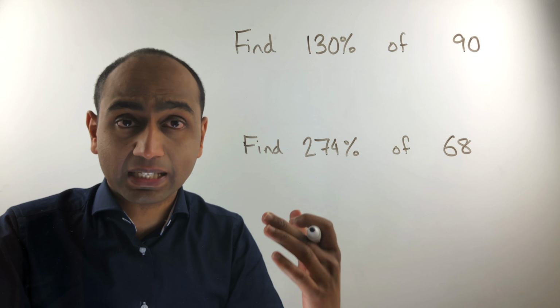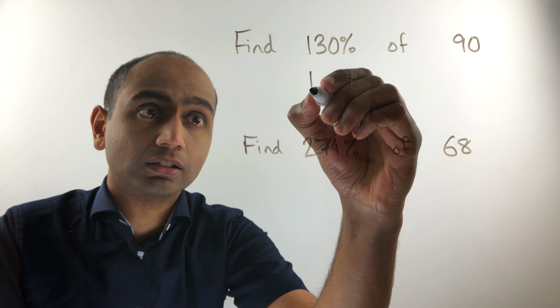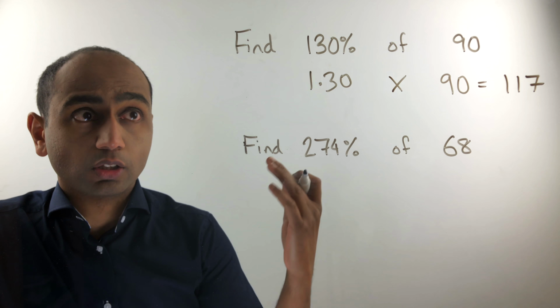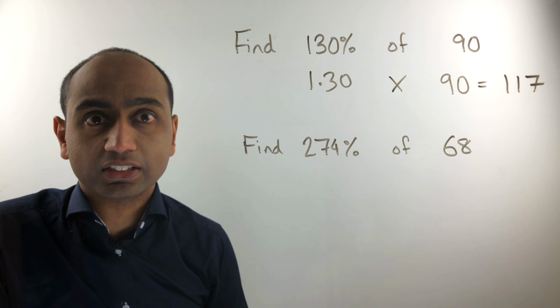130% is the same as 130 over 100, and that is 1.3 or 1.30 if you prefer. We want to multiply that by 90, and that gives us an answer of 117. So 130% of 90 is 117.